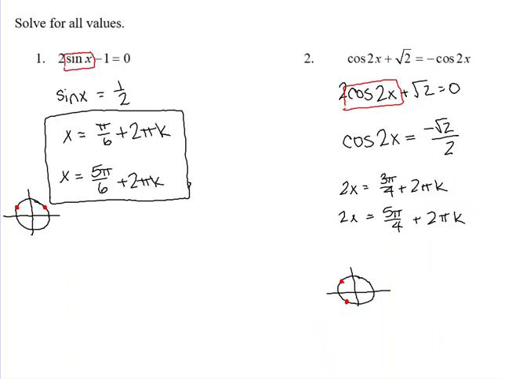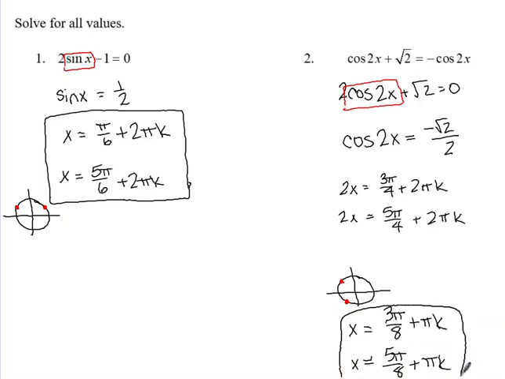Then we divide these by 2 to get x by itself. So I end up with x equals 3 pi over 8 plus pi k and 5 pi over 8 plus pi k. And those are our answers.